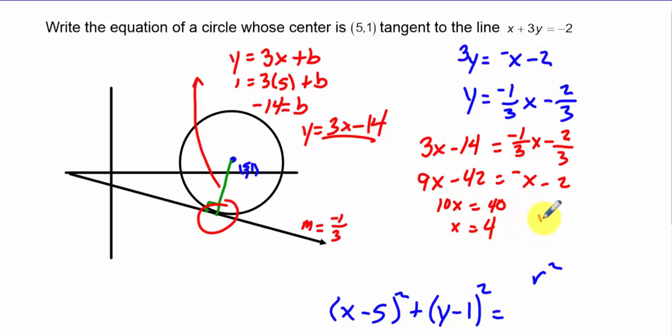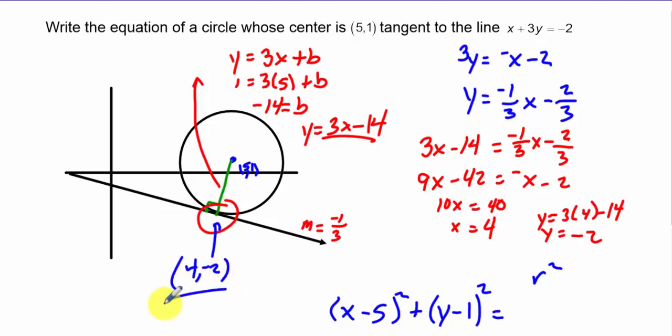Once I have x, I can plug back in and find y. So let's say y equals 3 times 4 minus 14, and y equals negative 2. So therefore, I know that this point right here is the point 4, negative 2. If I have 4, negative 2, and 5, 1, I can find my radius.